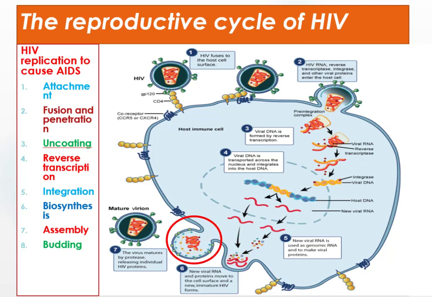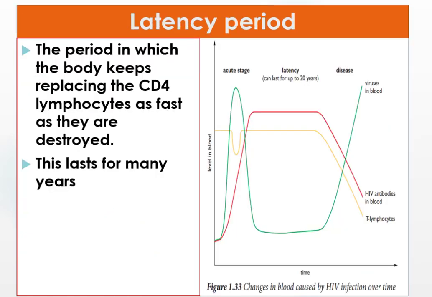Then lastly, these HIV particles leave the host cell through budding. That means the newly formed HIV particle pinches off the host cytoplasm and leaves enclosed with the CD4 cell membrane as its envelope. Okay, the next one is the latency period.